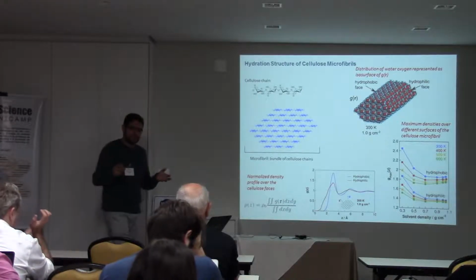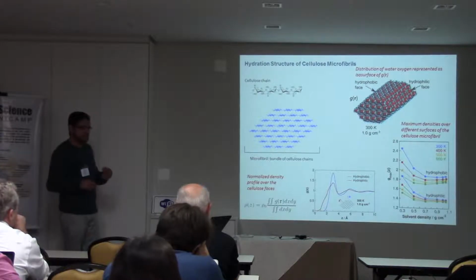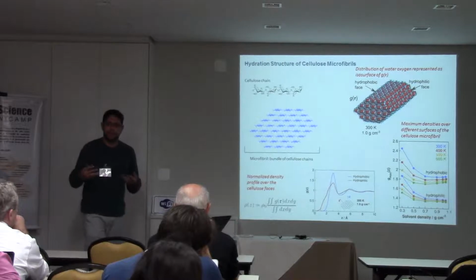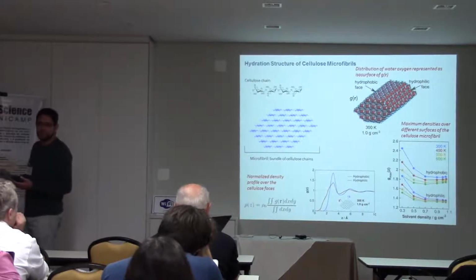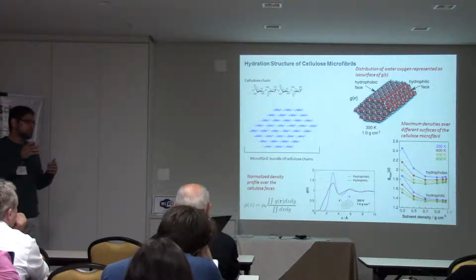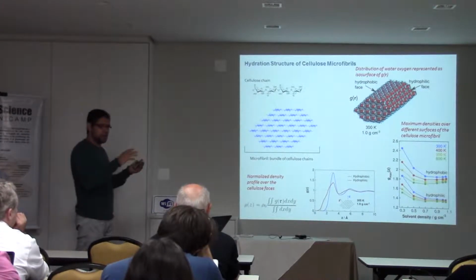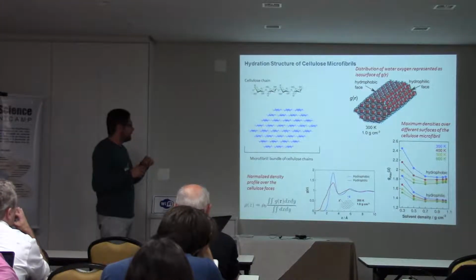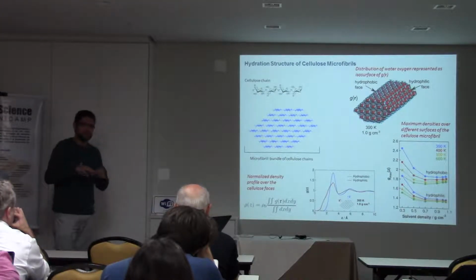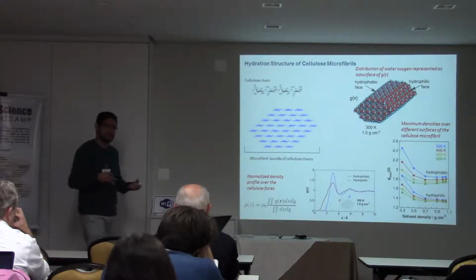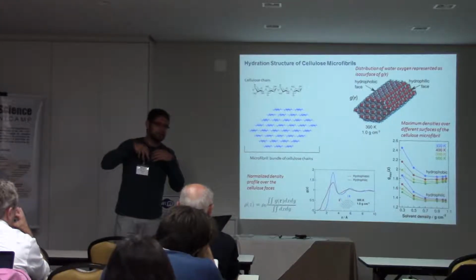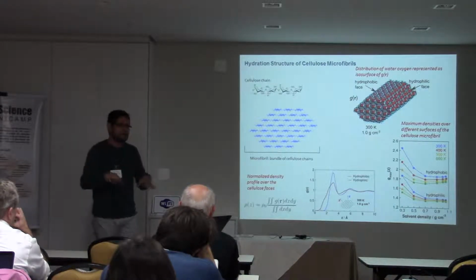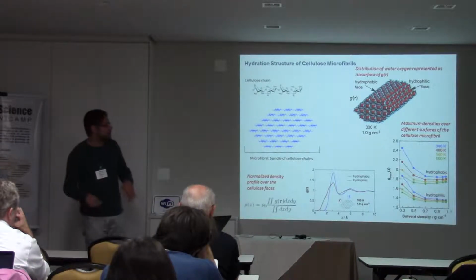For example, the hydrophilic surface is more water-like because it has lots of hydroxyl groups exposed, so the change of the water structure close to it is less intense than over the hydrophobic surface. The hydrophobic surface doesn't have hydrogen bonds, for example, so the water organizes a lot more over it.